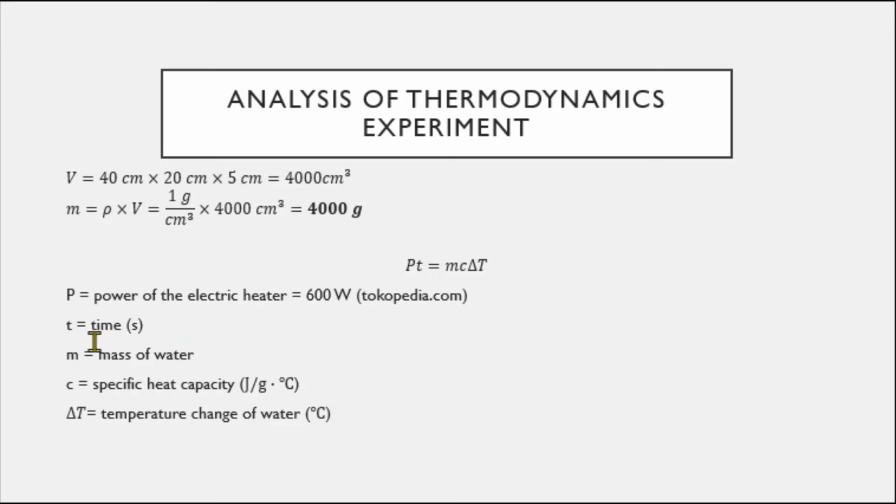And then t is time in second, m is the mass of water in grams here, and c is specific heat capacity of the water, and I use the unit joule per gram degree Celsius, and ΔT is the temperature change of water in degree Celsius.